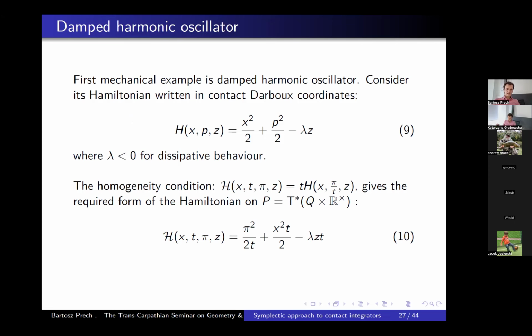To obtain a dissipative system, you need to put lambda to be negative, and then there is this homogeneity condition of the Hamiltonian. The principal bundle in this case is the cotangent bundle of Q times R. The condition to be homogeneous is given here, and the homogeneous Hamiltonian on the principal symplectic bundle is given by formula 10.